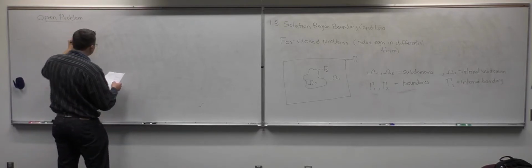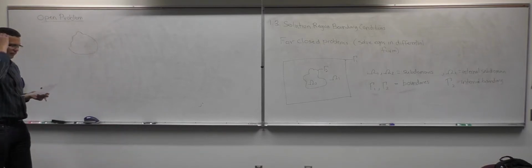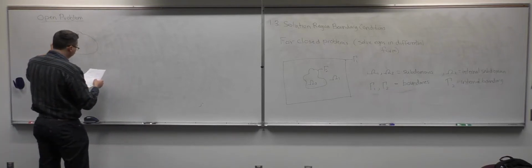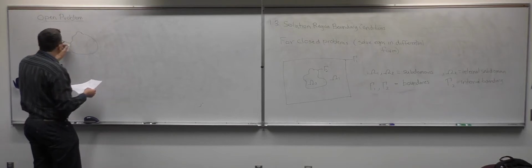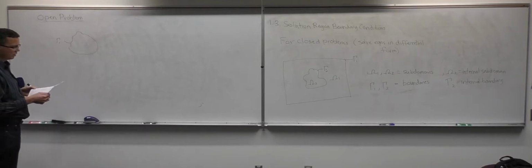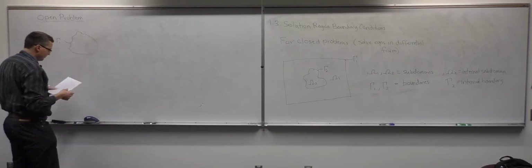They're more common in wave propagation than power type of problems. But you would have some boundary with some value, and then you might want to know what the field is far out from it.